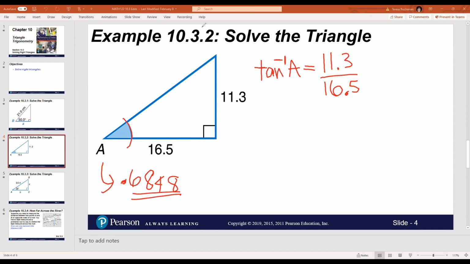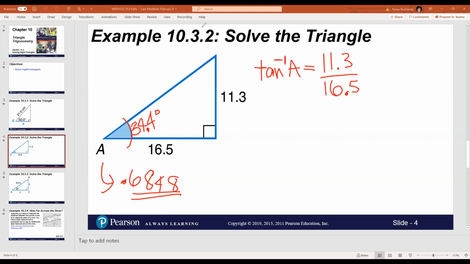So I go in, I hit my second tangent, and I get my inverse tangent. And I'm actually going to go back and just use the precise values. 11.3 divided by 16.5. I'll get a more exact answer that way. And the calculator will tell me, not a problem. That angle that made that happen was about 34.4 degrees.